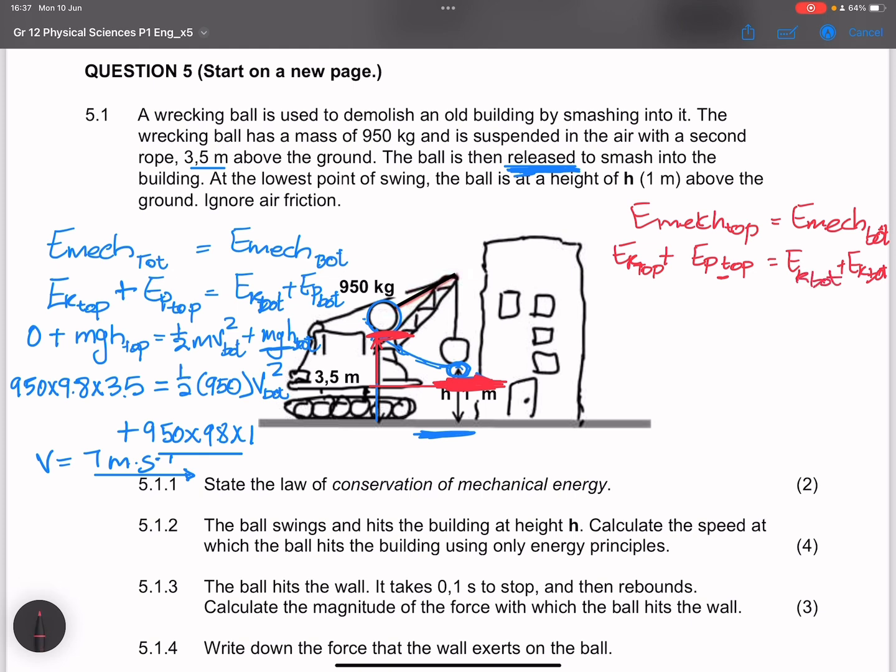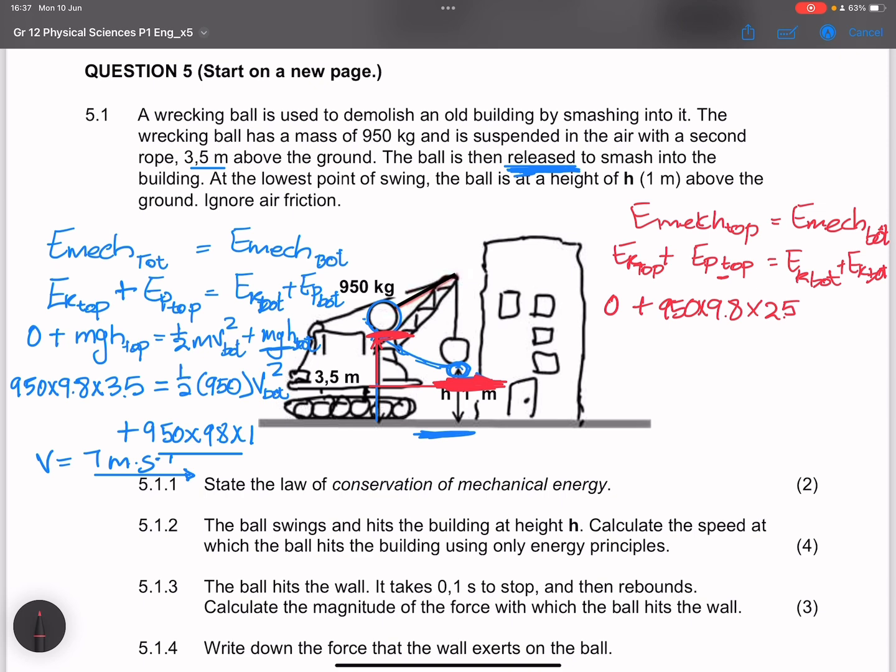So now this would be half mv squared. Note we said the kinetic energy at the top is 0, plus EP, that's mgh, so that's 950. Let me try to write it nicely. So that's 950 times 9.8 times the height, which would be 2.5.